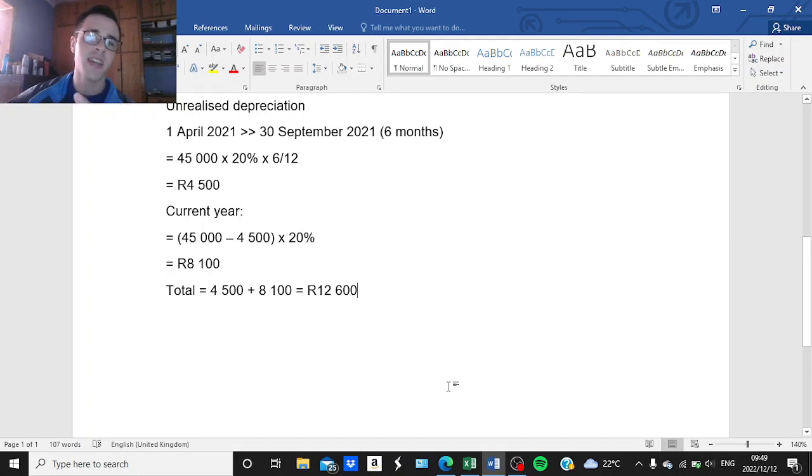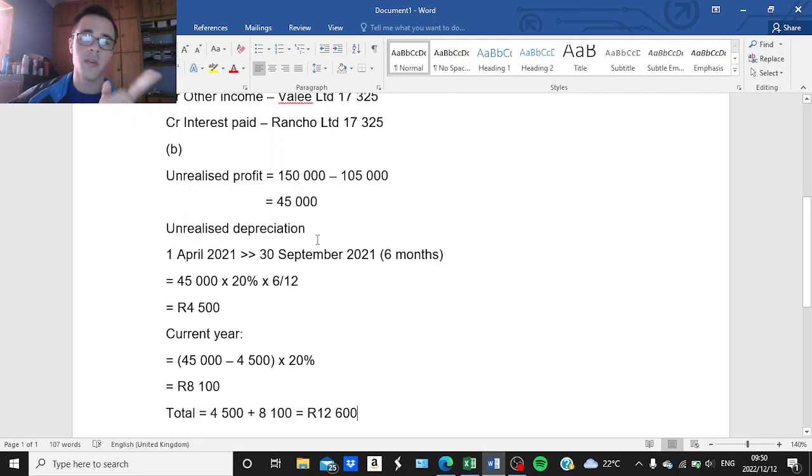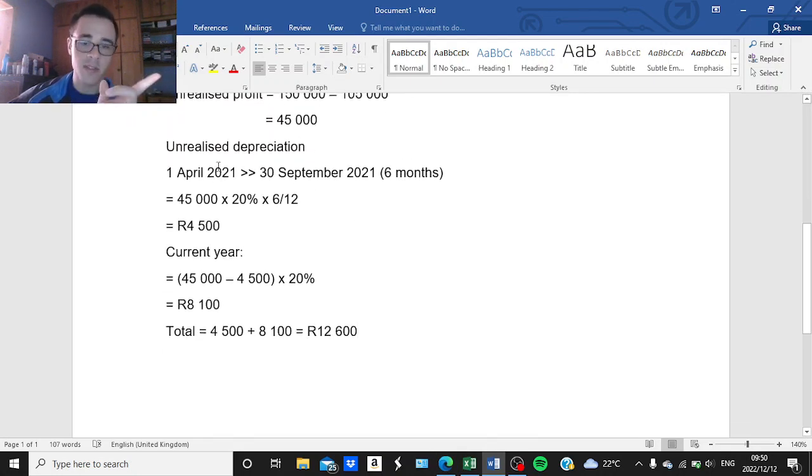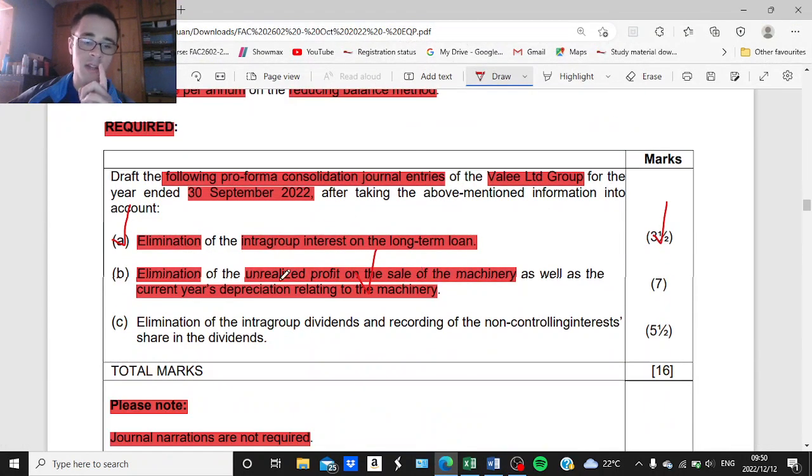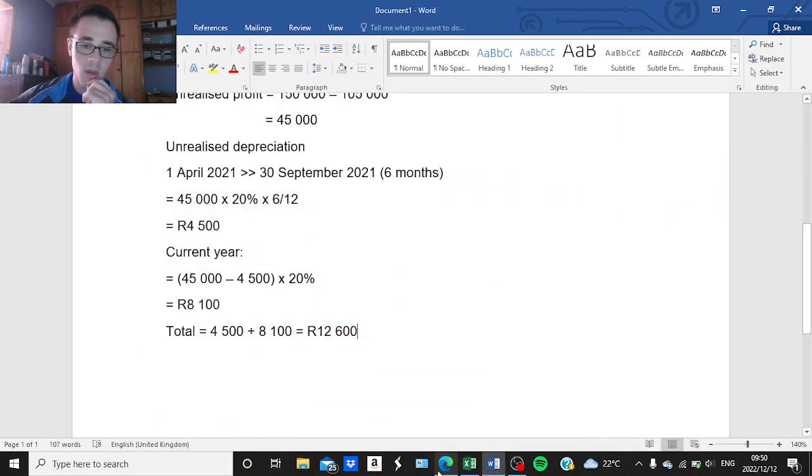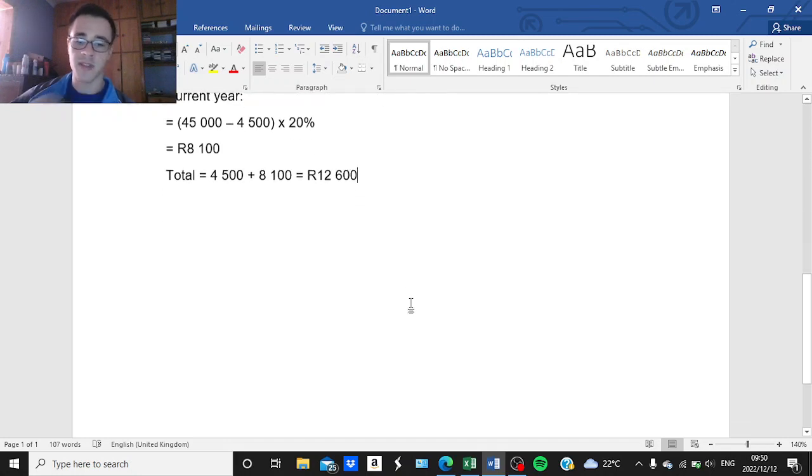Because remember, we have changed the required section in terms of Journal Entry B. We are eliminating the unrealized depreciation from the date of sale up until the end of this year. However, in this exam paper, they only required you to eliminate the current year's unrealized depreciation. But you first had to calculate the unrealized depreciation for the previous year in order to calculate the amount for this year, because we are using the reducing balance method.